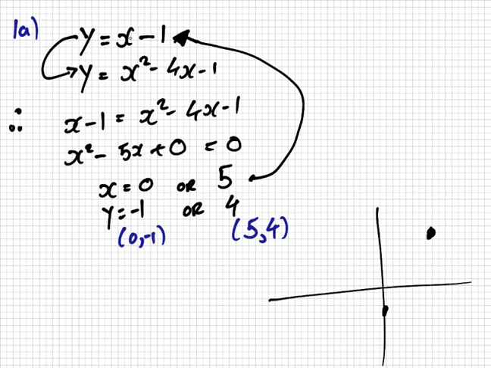Now, the first one, what shape is it? Straight line. So you have something like this. And then this second one here is a quadratic. Parabola, yeah.